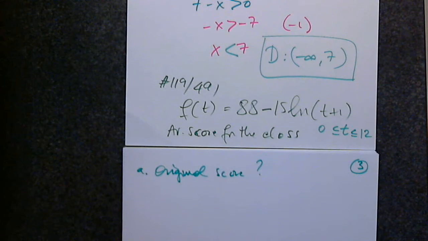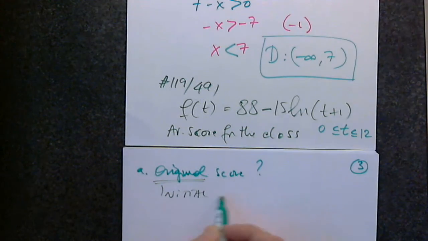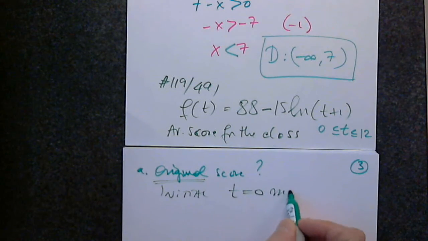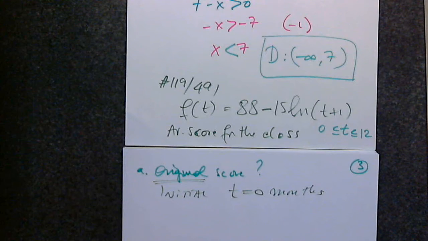We are thinking of time being how much? What is the original age, I should say, of a newborn? 0. So that's always original. Original, initial, means t equals 0 months. So I have to find f of 0. We'll put it in the calculator in a minute.